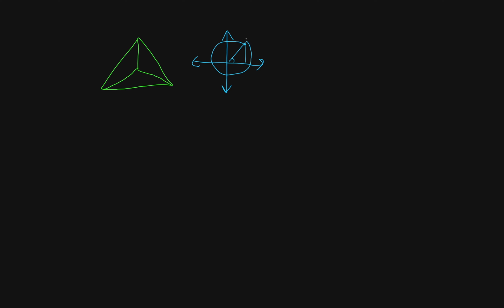So again, this is the unit circle. We know that the horizontal component is going to be cosine of theta, and the vertical component is going to be sine of theta. It's here, and the radius is 1. And so what we can essentially do is scale it by any radius here.